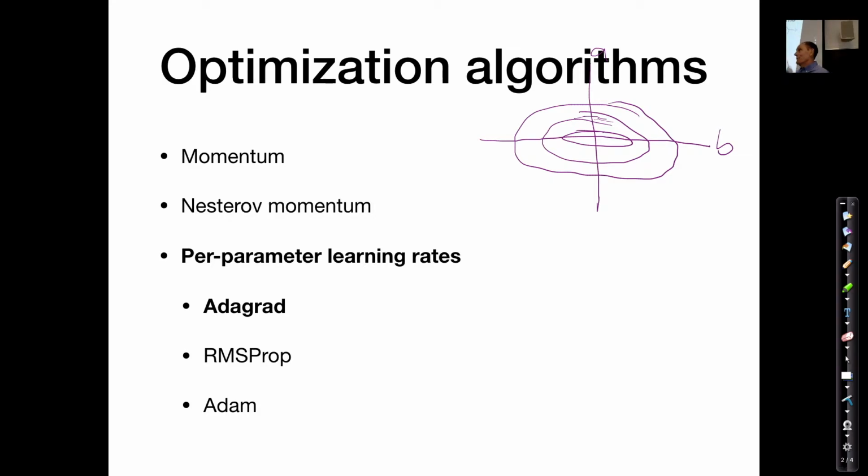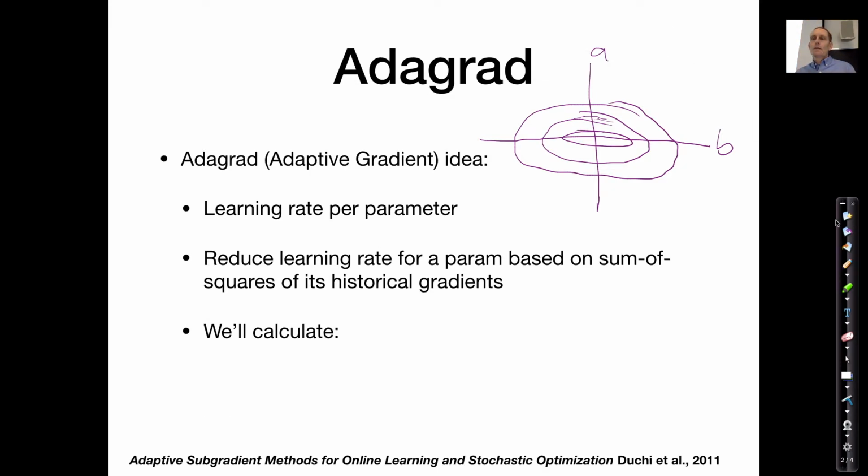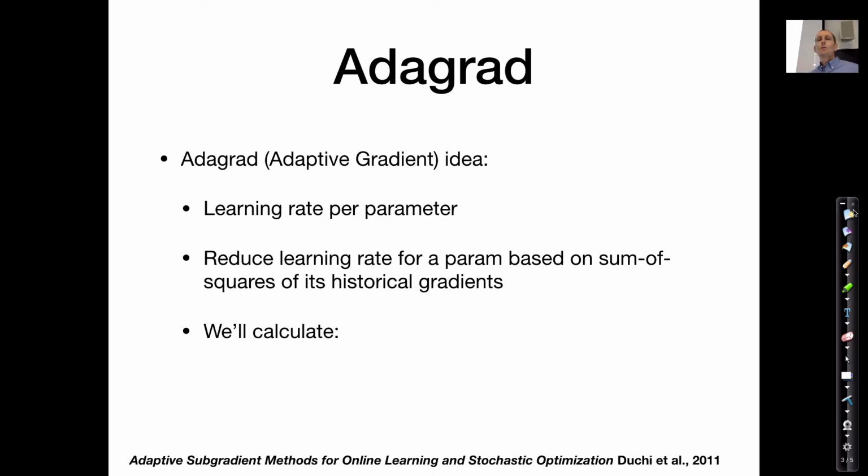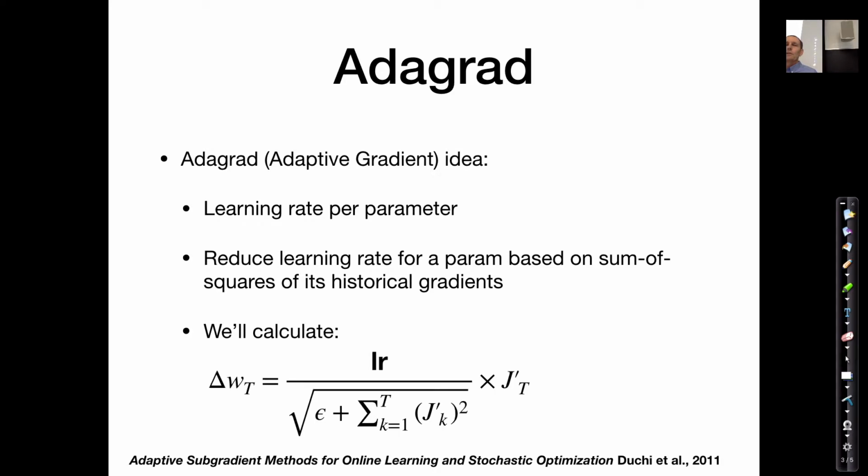The gradients are sort of as they're given here. So we're going to keep a learning rate per parameter. Again, by parameter, we mean each weight, each bias. And then we're going to reduce the learning rate if a parameter has had high gradients. Okay? So the larger the gradients that have happened so far, the more the learning rate is going to reduce.